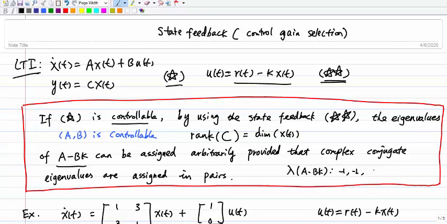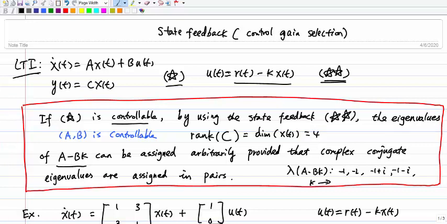I could also assign complex conjugate eigenvalues, let's say -1 plus i, -1 minus i. Those must come as a pair, right? We cannot just assign one of them. We can always find a K that can do this. Say the dimension is 4, then I can do that. As long as it's controllable, we're fine.